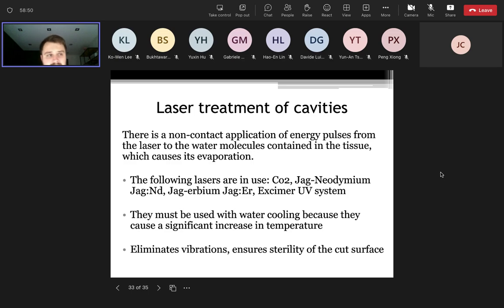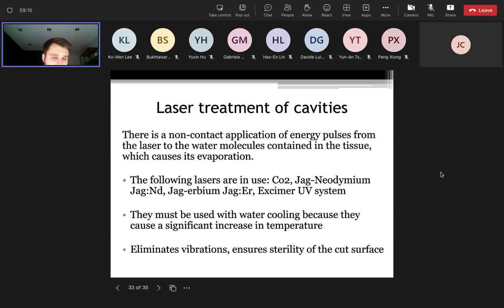These lasers cause a lot of heat. So when we use them, we have to cool the tissues and the laser by using water cooling. It is really important because in this technique, in deep caries preparations, most of them end with overheating the pulp.